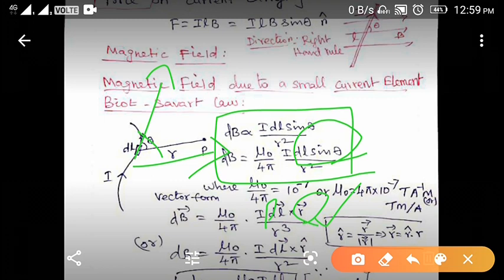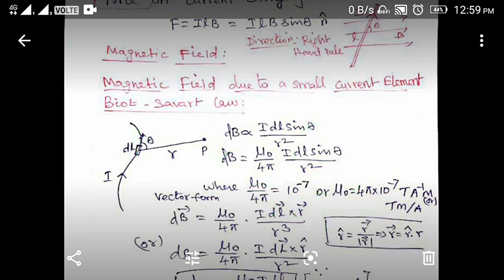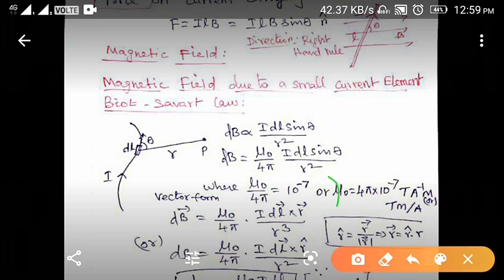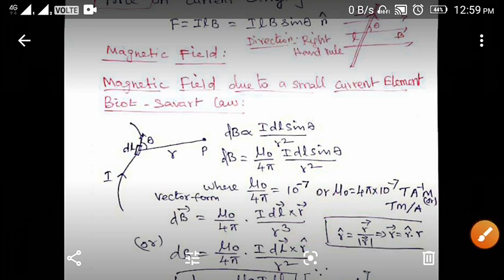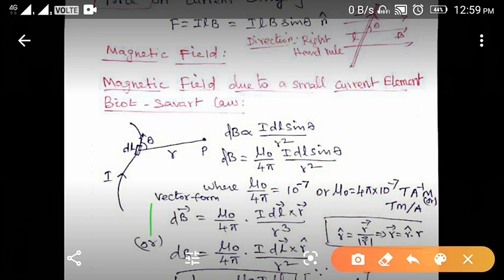So if you write dl cross r, in the denominator r squared is converted into r cubed. Here r cap equals r vector by the magnitude of r, so r vector equals r cap into r. One r gets cancelled, and the remaining r squared comes here. So we can write the vector form of the magnetic field: dB equals mu naught by 4 pi, I dl cross r by r cubed.